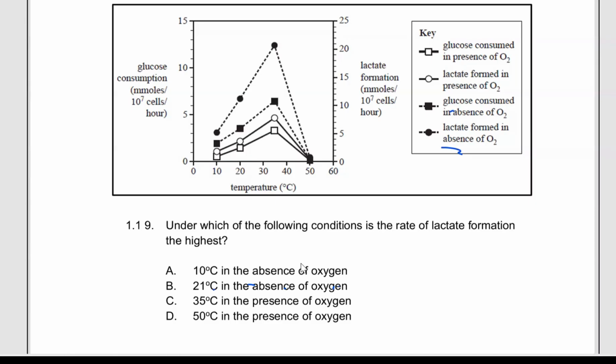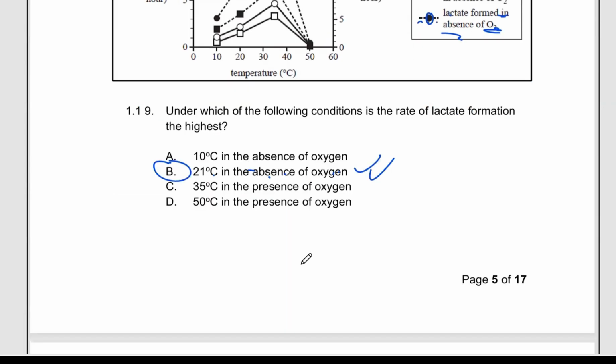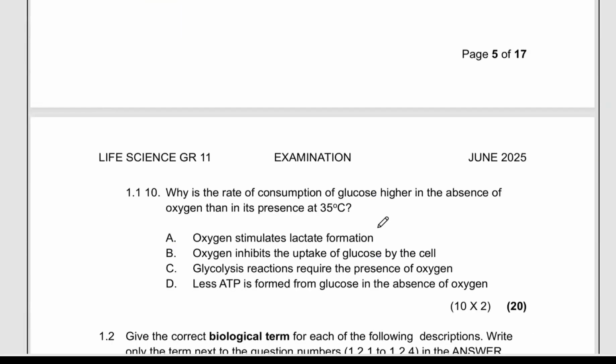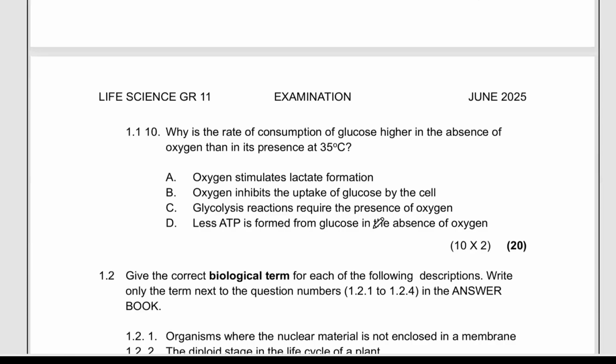Yeah, so this is the one. The one which has the circle and the dotted line is the lactate formation in absence of oxygen. So automatically it means that it's this one. So I'm going to say lactate formation in absence of oxygen. If you draw a line here, it is around 21. So it's 21 degrees Celsius in absence of oxygen.